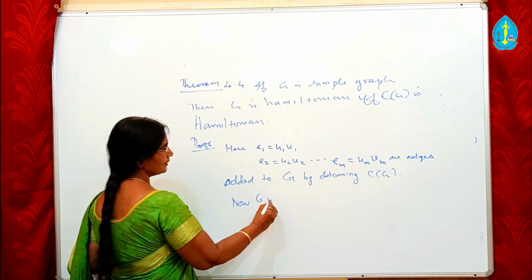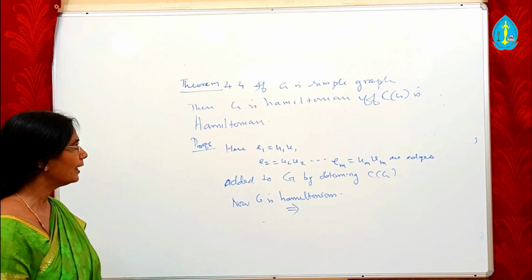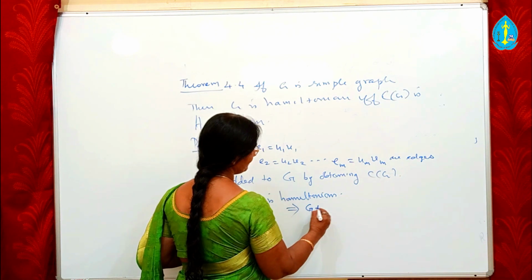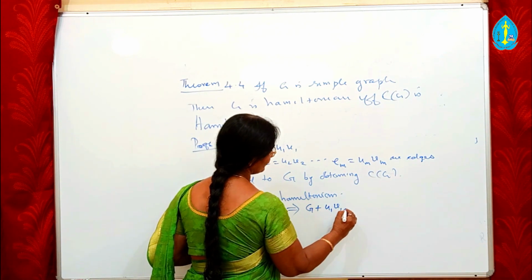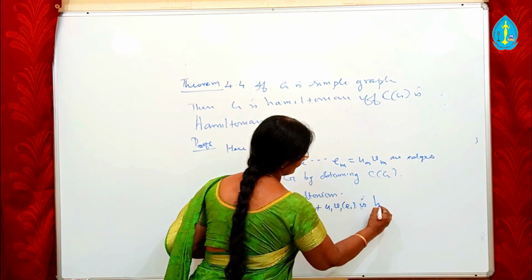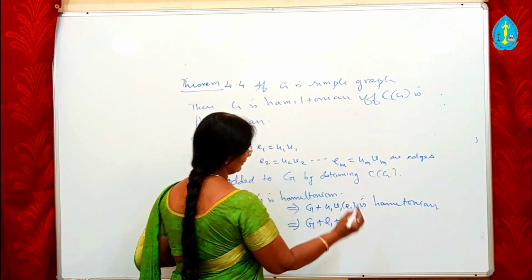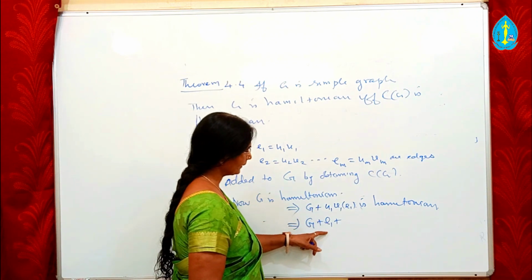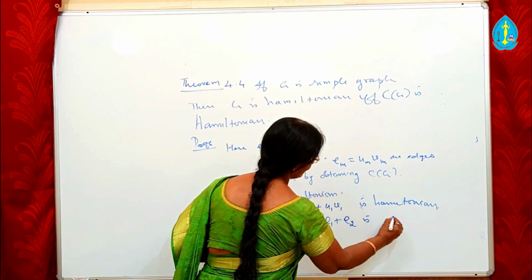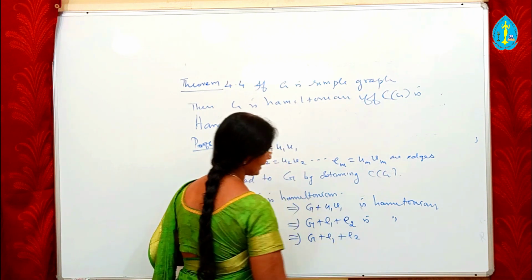Now suppose G is Hamiltonian. By the previous lemma, G plus UV is Hamiltonian. Then G plus U1V1, that is G plus E1, is Hamiltonian. We add one more edge E2, and G plus E1 plus E2 is Hamiltonian.